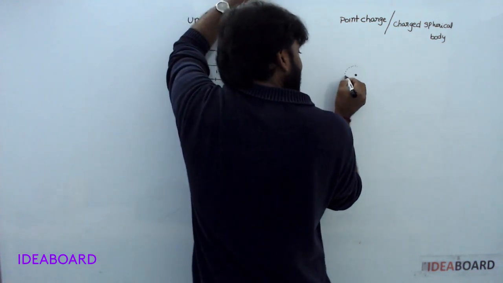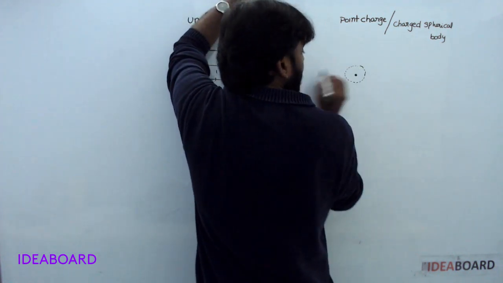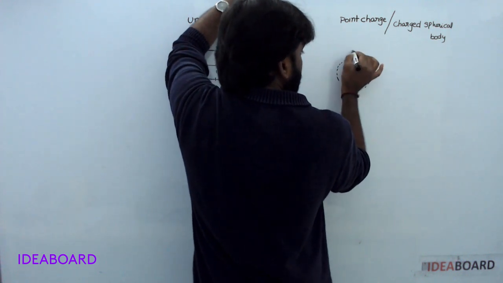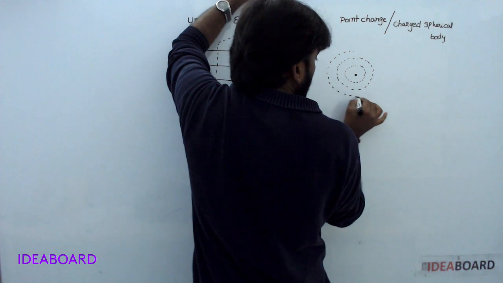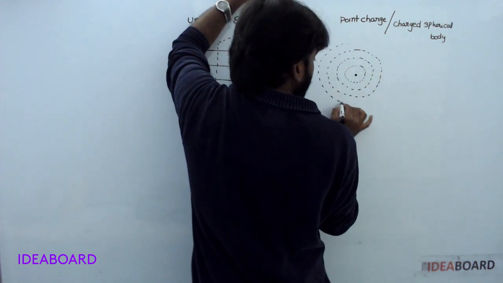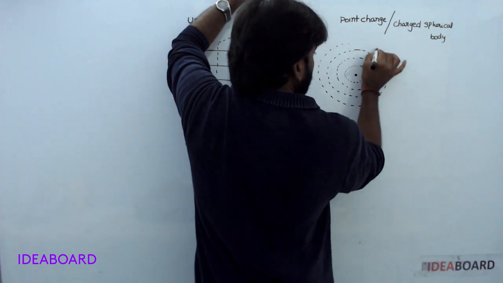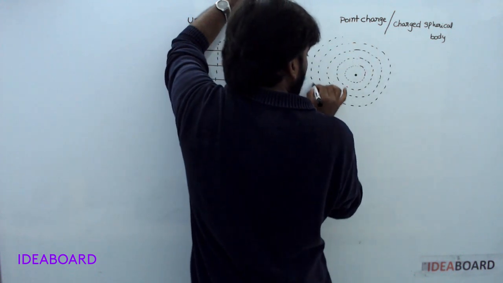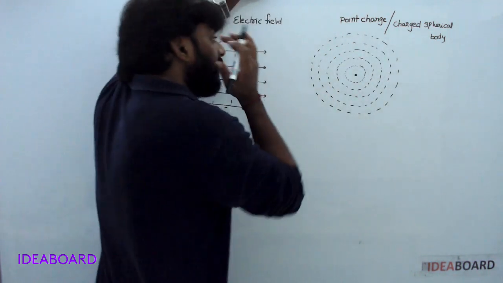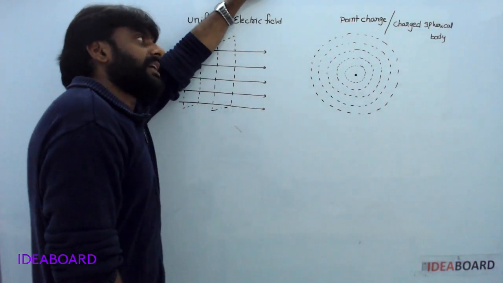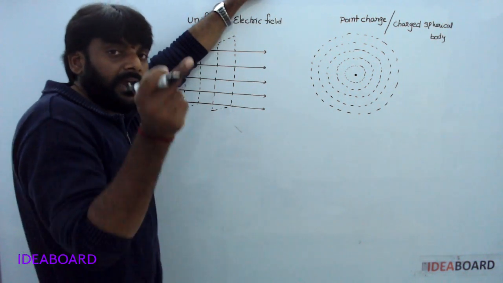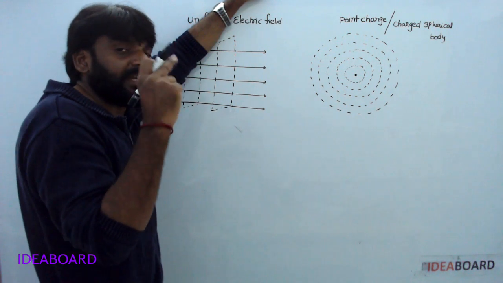This is one equipotential surface, this is another equipotential surface, and this one is another, and another, and another. Understood? Okay. For a point charge or charged spherical bodies, equipotential surfaces are concentric spheres.